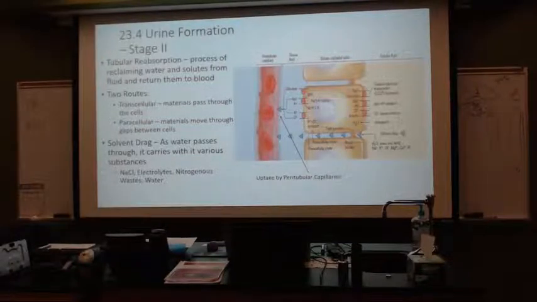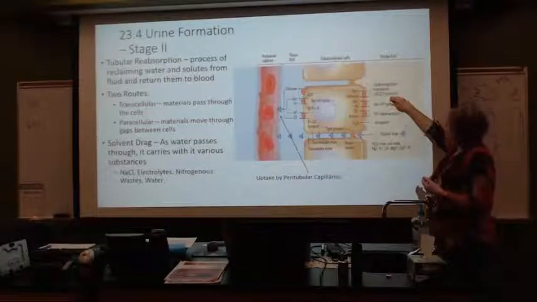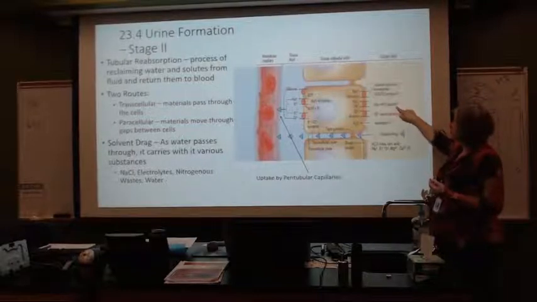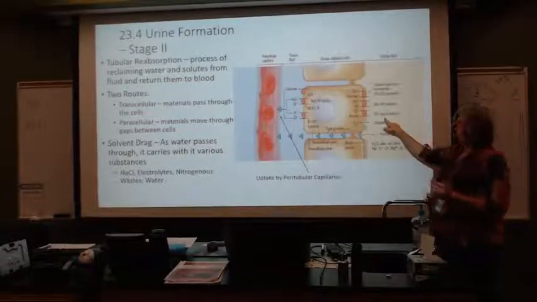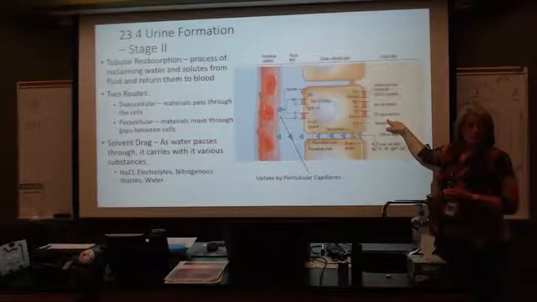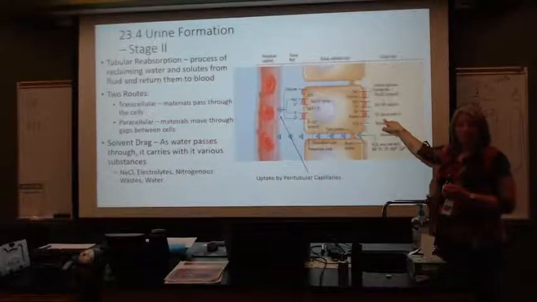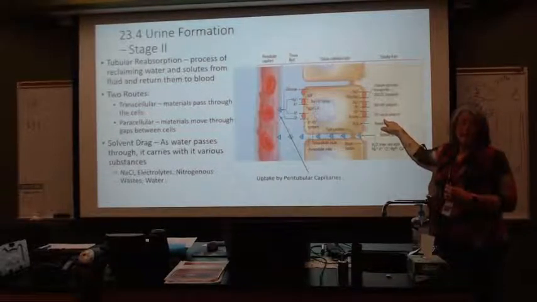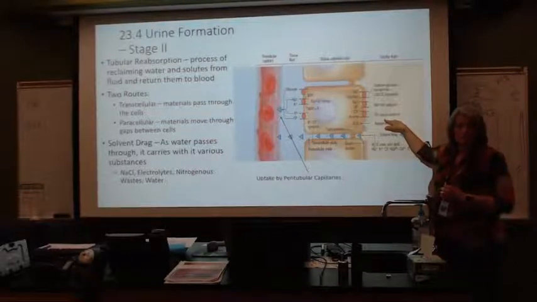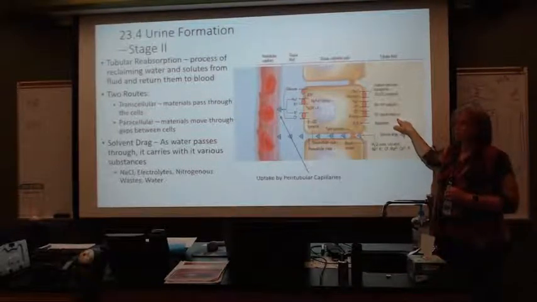Most of the ports are going to be proteins, okay, a protein structure in the plasma membrane. Antiport, symport, moving together, moving opposite. Some are going to be specific. For example, an anion, the negative ions, will have a port.